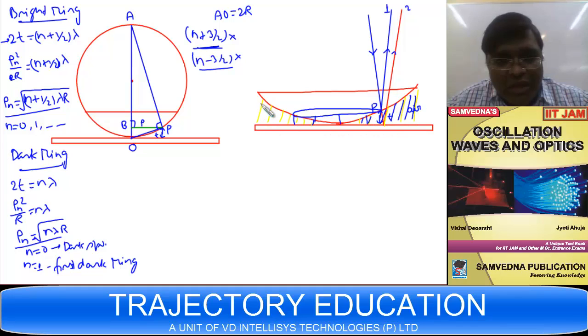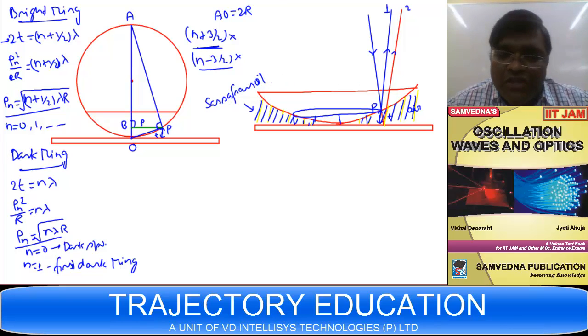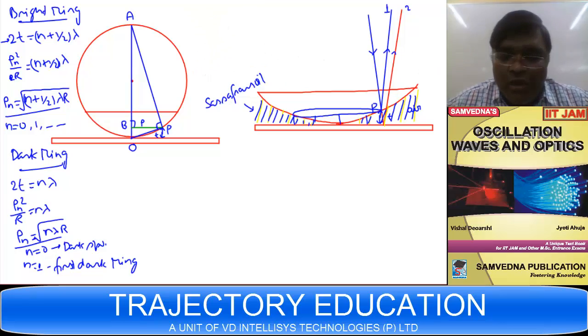Now suppose I'm giving you a very, very important case. Earlier this was air. I derived this when it was air. Now suppose I fill this with a special material called sassafras oil. Don't laugh, it's sassafras oil.